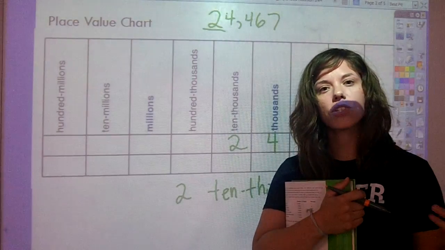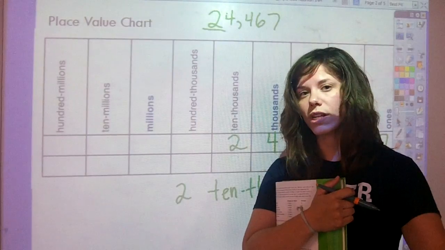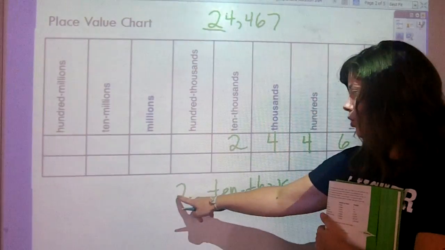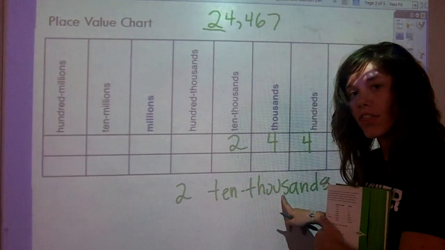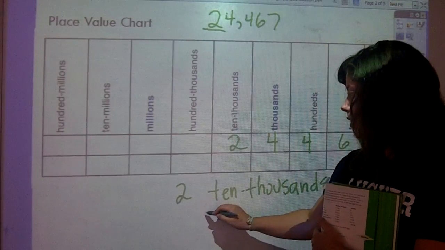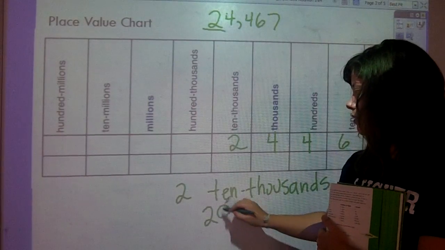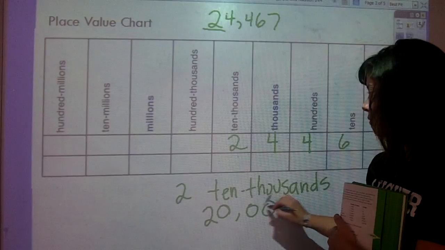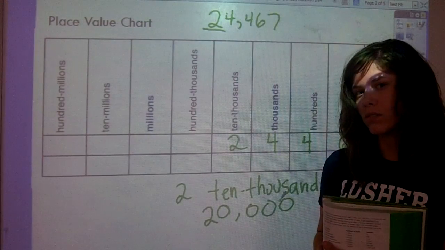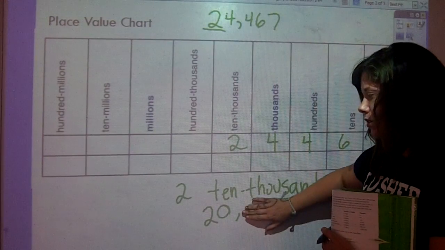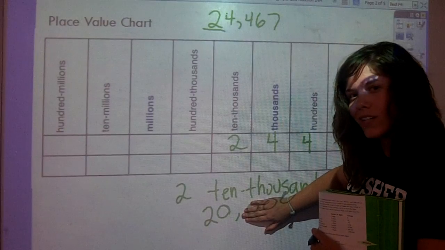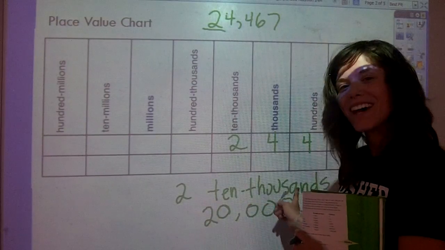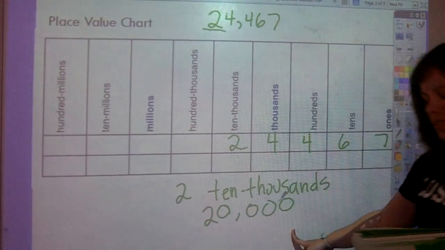Well, just like when I had 2 10s, I had 20. 2 10,000s makes 20,000. 2 10s is 20. So 2 10,000s, 20,000.